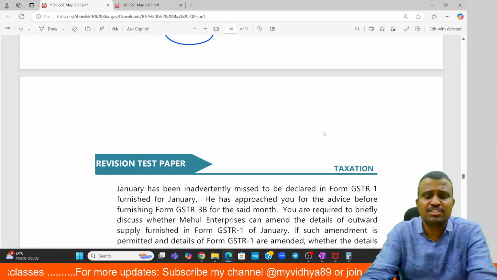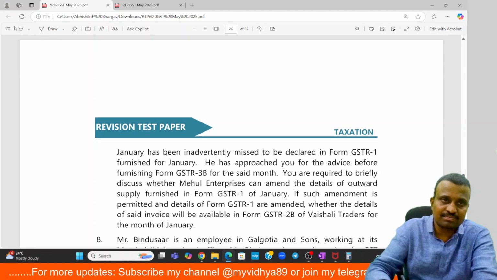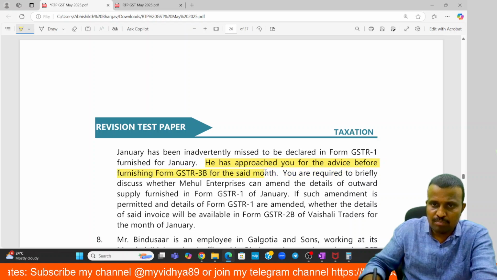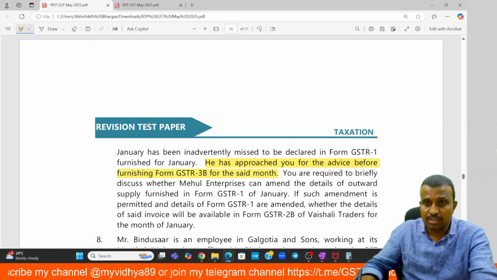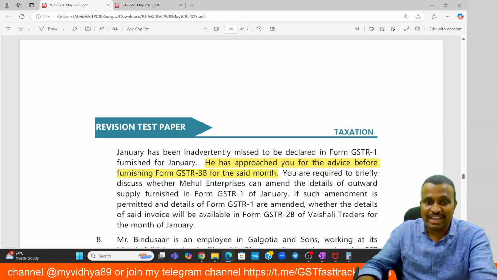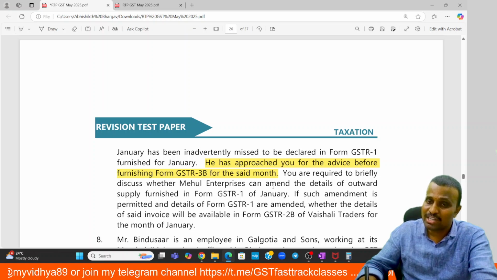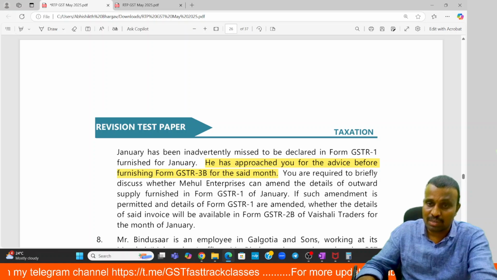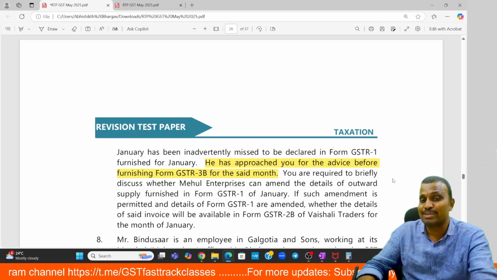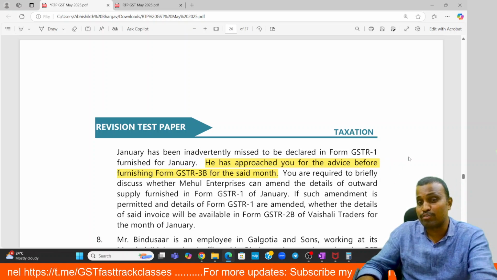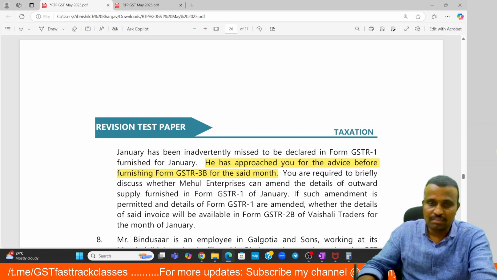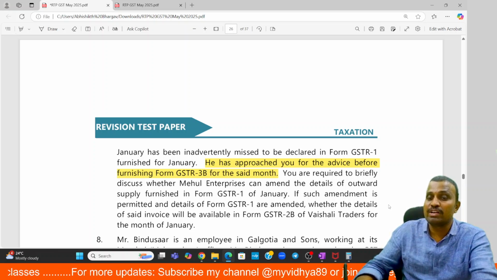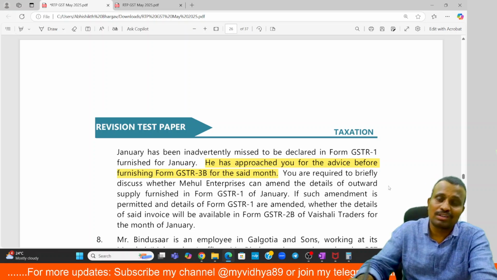So before filing the GSTR 3B itself, he has approached you for advice. You are required to briefly discuss whether Mehul Enterprises can amend the details of outward supply furnished in Form GSTR 1 of January. If such amendment is permitted and the details of Form GSTR 1 are amended, whether the details of said invoice will be available in Form GSTR 2B of Vaishali Traders for the month of January or not.